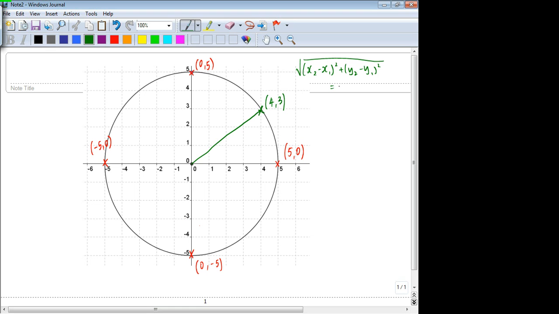We will realize that it is equal to square root of 4 squared plus 3 squared, and we get 5. Okay, just a quick recap only.